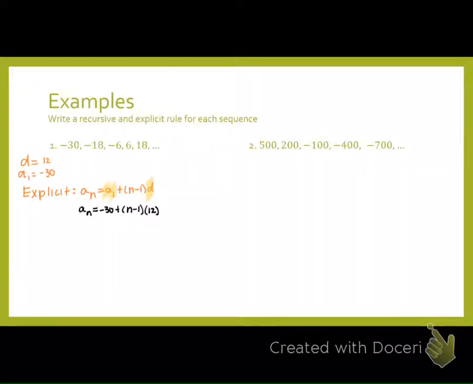Okay, from there we distribute the 12. So we get a sub n, because it's a subscript, that's why you say sub. Sub, meaning like a submarine goes below the water. So that's negative 42 plus 12n.